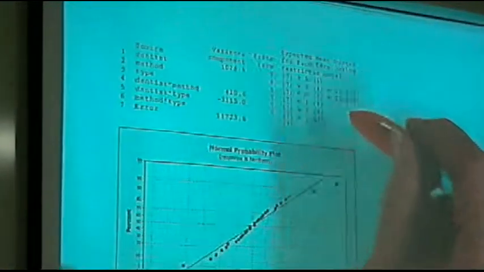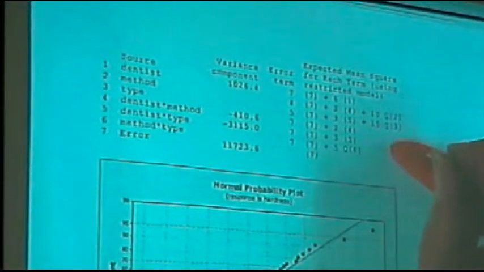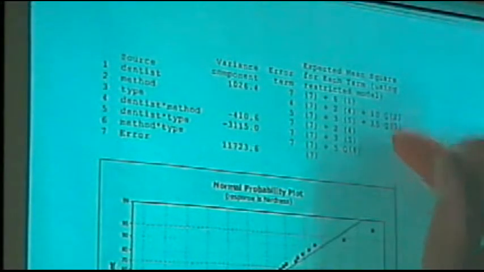In other words, be able to produce this column of expected mean squares by hand. That's your job, so do that as an exercise. You've got the answer to point towards, so see if that comes out okay for you.